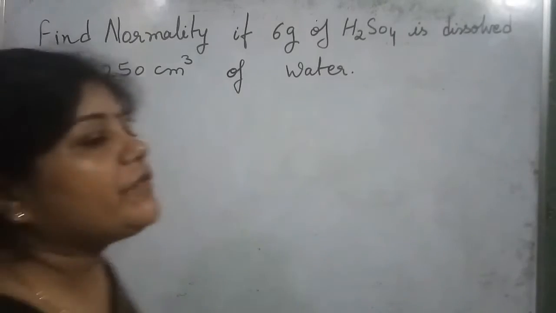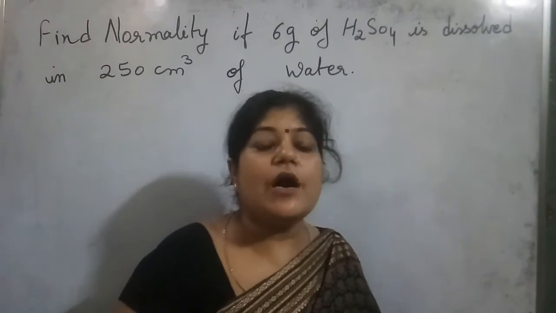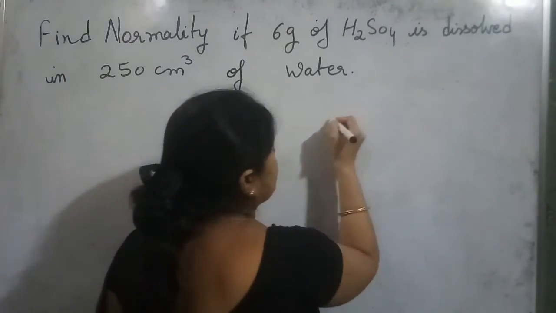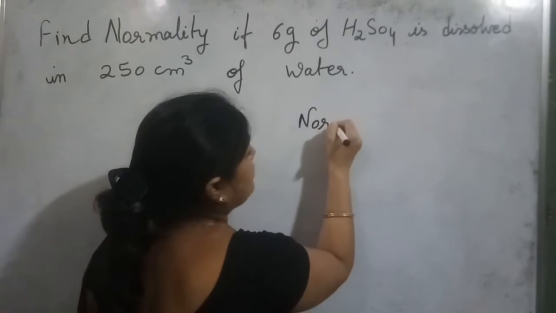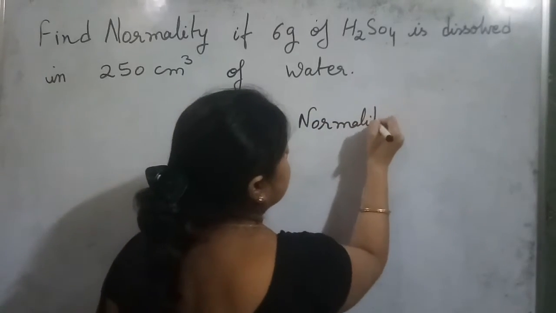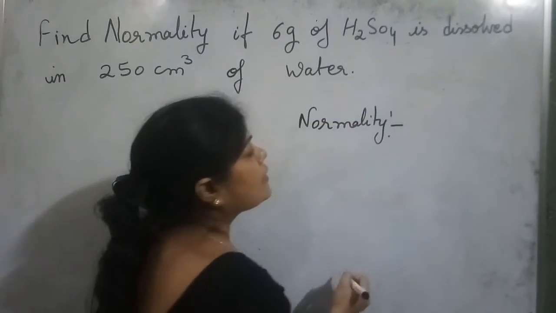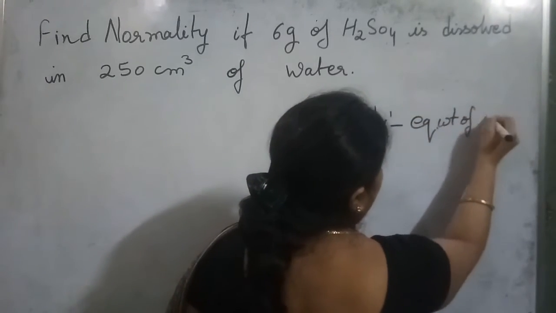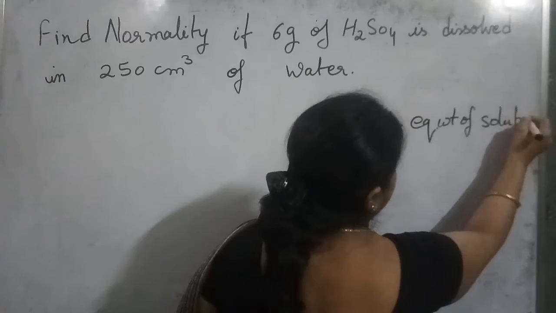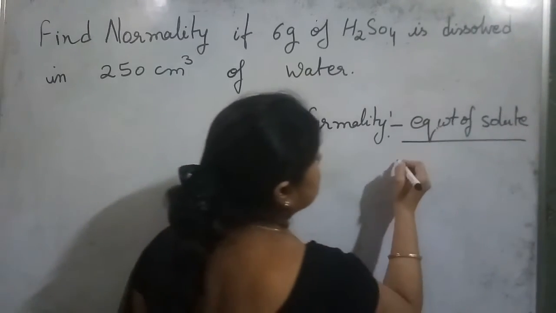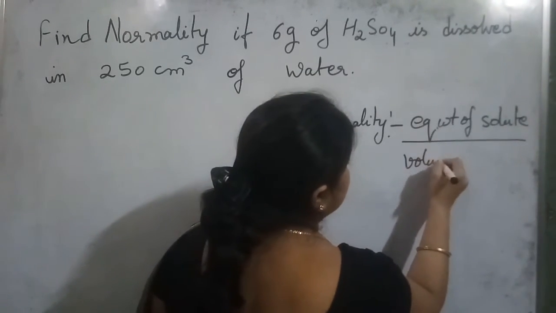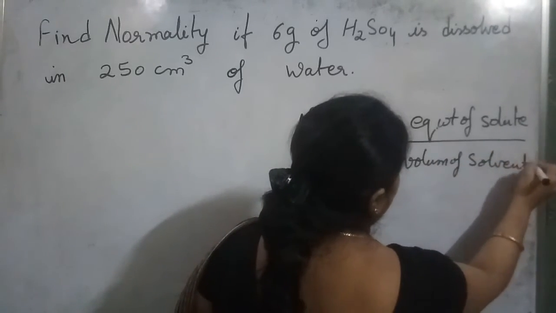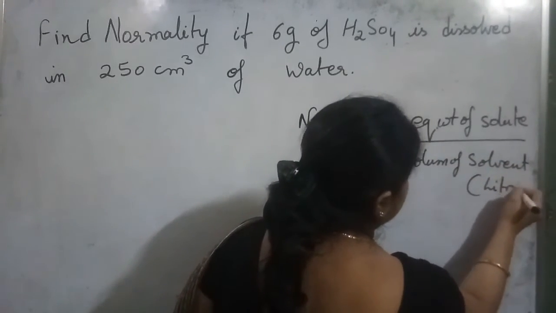Now the next topic which I am going to explain is how you will find the normality. In case of normality, we have the formula equivalent weight of solute over volume of solution in liters.